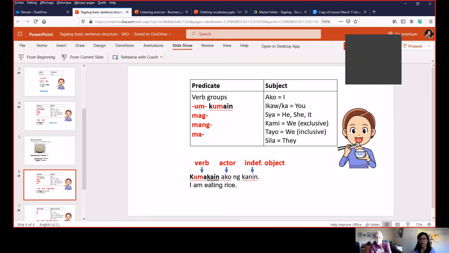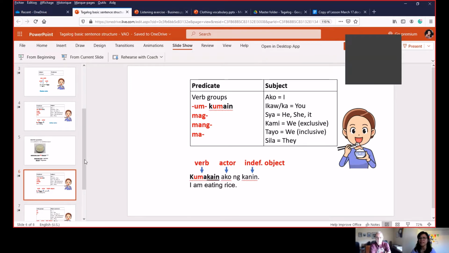So kumakain. Then, same thing, we pick our subject pronoun from the subject pronoun group. So this is how our sentence would look. Could you read it? Kumakain ako ng kanin. Yeah, kumakain ako ng kanin. And that's it. That's an indefinite object right there.